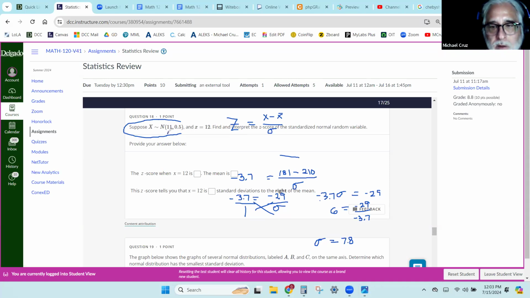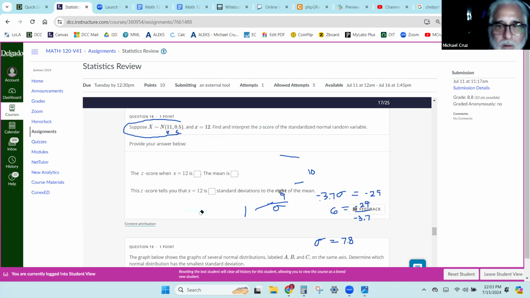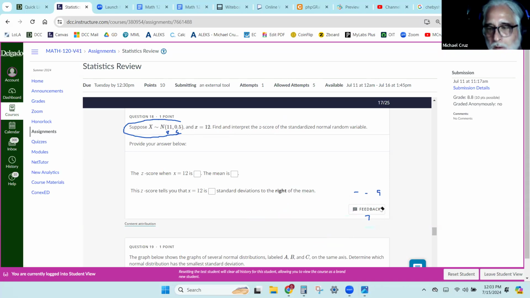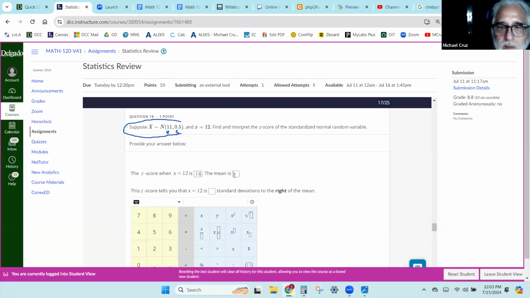So this is your mean, and then this is your standard deviation there. So what does that mean? Well, the mean is 11, and the standard, oh, sorry, I got it backwards.